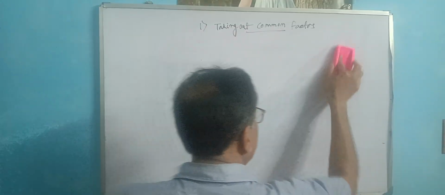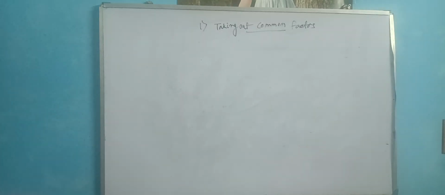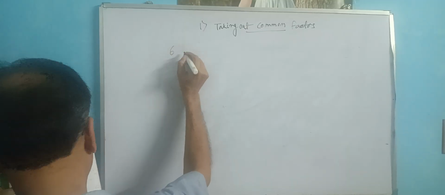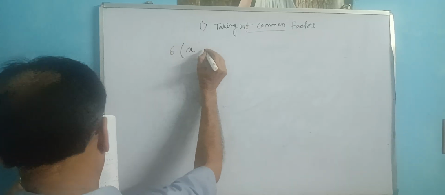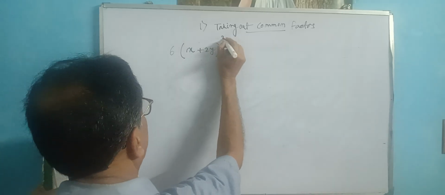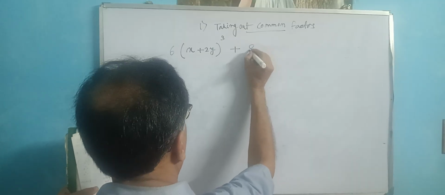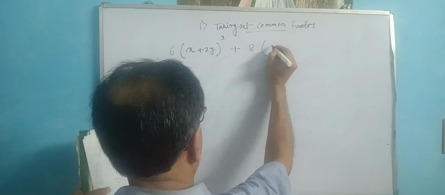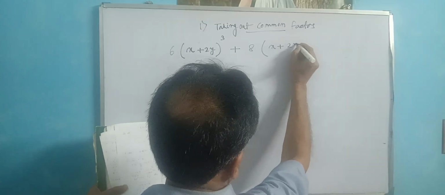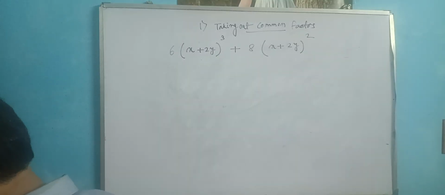Okay, the next sum. Suppose, just copy the sum. Here is 6 bracket x plus 2y cube, and an algebraic expression 8 bracket x plus 2y square. Okay, no problem at all.